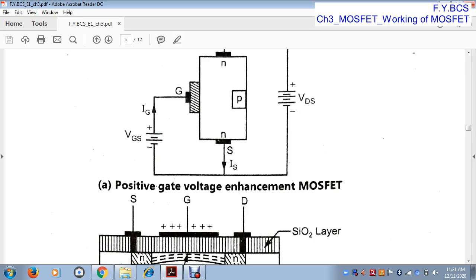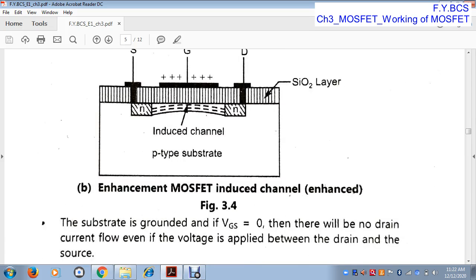So all the electrons from the source terminal are attracted towards the gate, near the insulating layer, beneath the SiO2 layer under the gate.